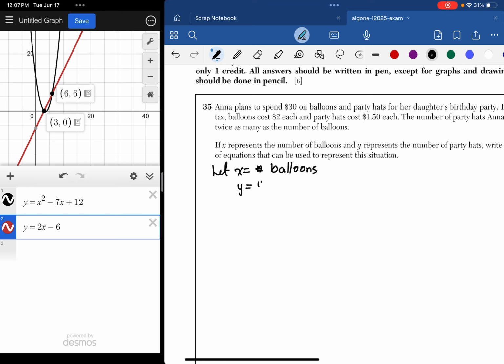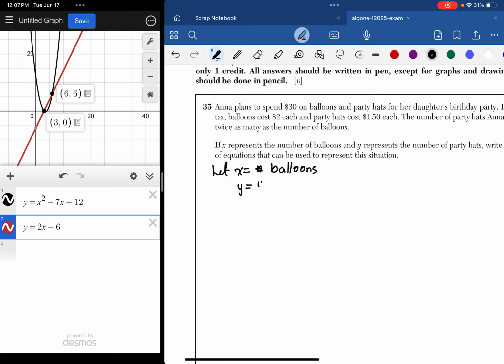Write a system of equations that can be used to represent the situation. So it's got to be a system. She's going to spend $30 on balloons and party hats in total, so it's a total cost kind of thing again. Each balloon costs $2, and each party hat costs $1.50.